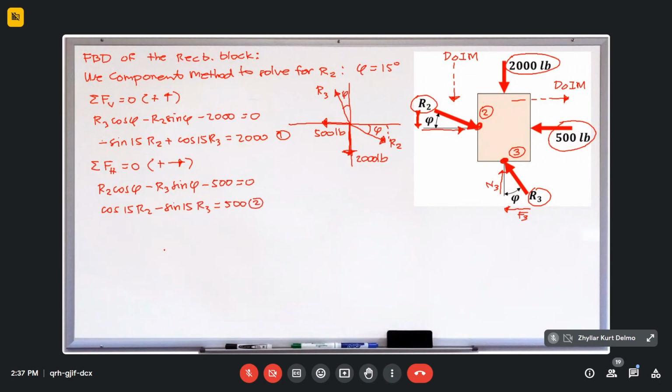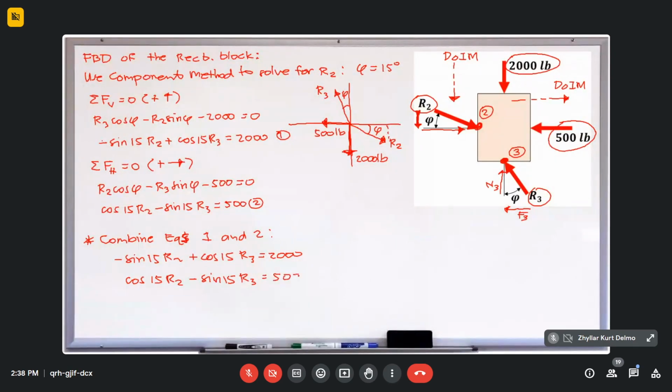This is our equation number 2. Now combine equations 1 and 2. So we list them: negative sine 15 R2 plus cosine 15 R3 is equal to 2,000, then cosine 15 R2 minus sine 15 R3 is equal to 500.